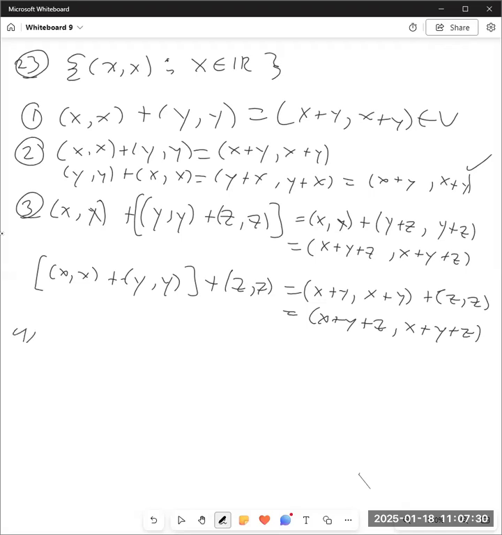Number 4 says that we have a 0 vector. So x plus 0 equals x, and 0 is in V. So we're good.